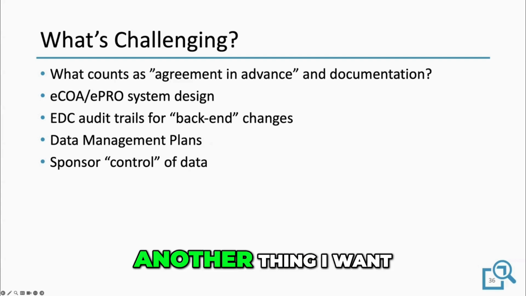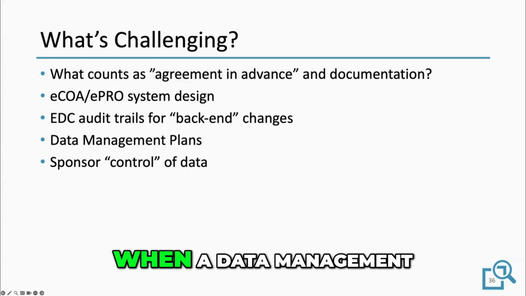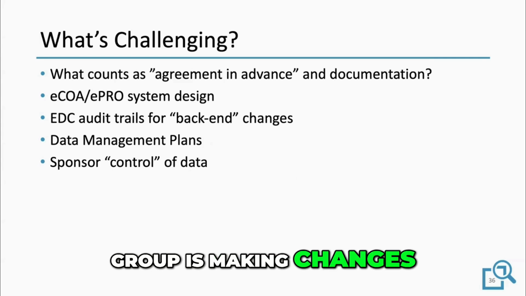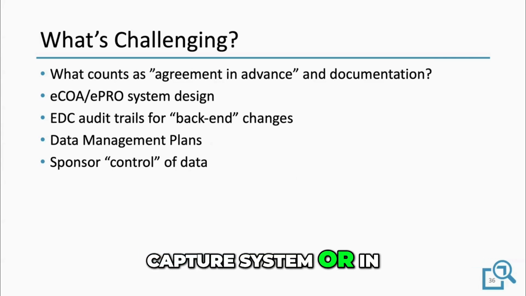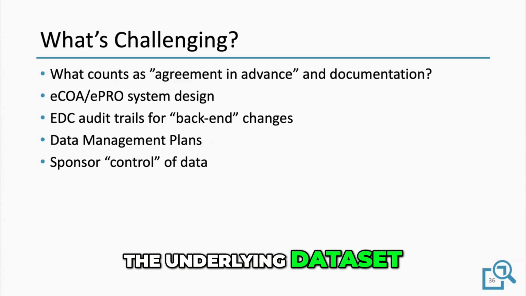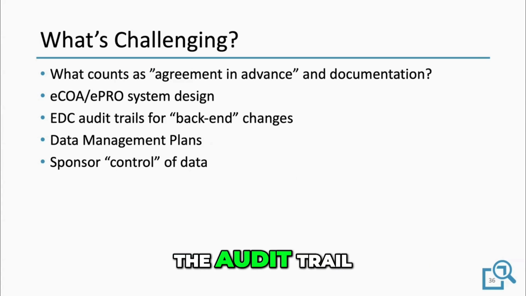Another thing I want to point out is regarding back end changes. When a data management group is making changes on the back end, either via the data capture system or in the underlying data set, we need to think about how these changes are being represented in the audit trail.